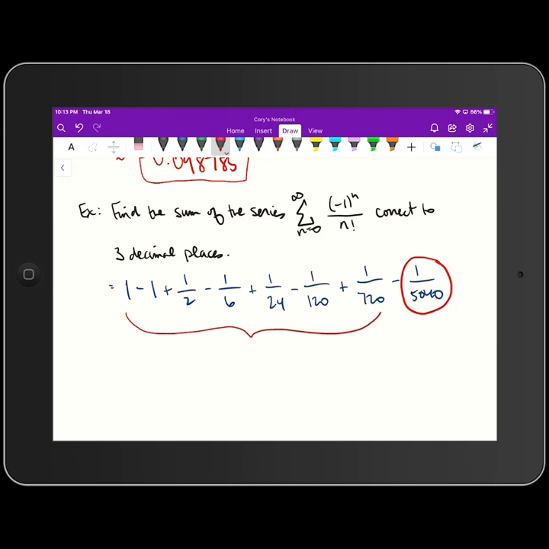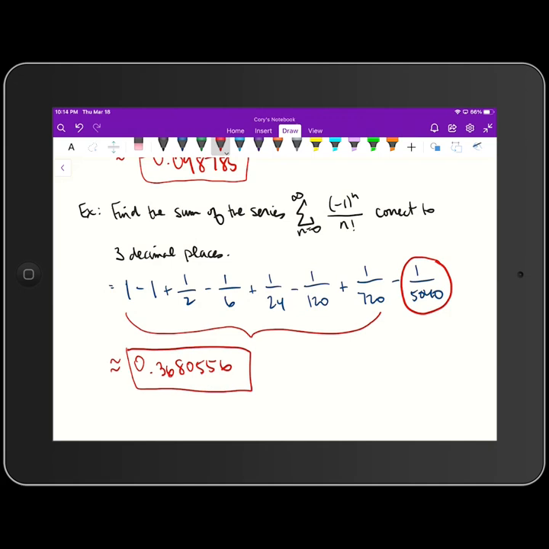When you plug that into your calculator, the approximation using those first 7 terms is approximately 0.3680556. So using the first 7 terms to approximate that infinite sum will be correct out to 3 decimal places.